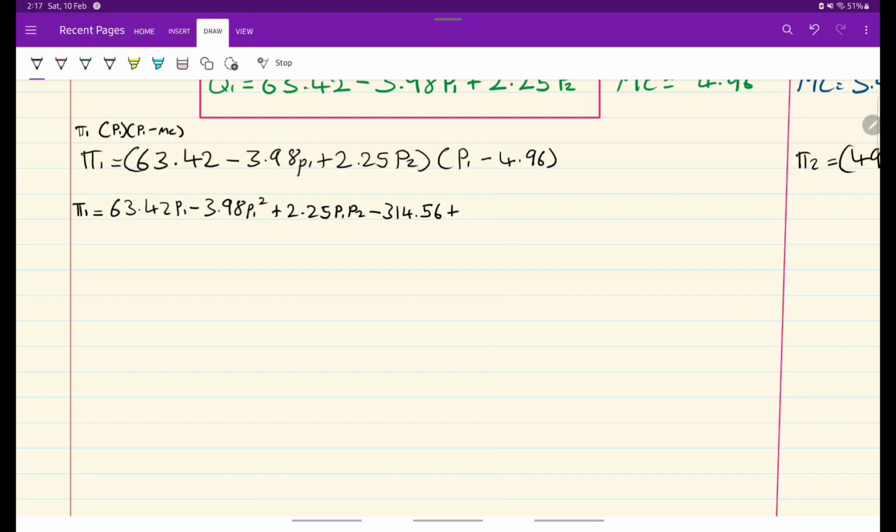Plus, I'll just keep it in terms of 2 decimal places.